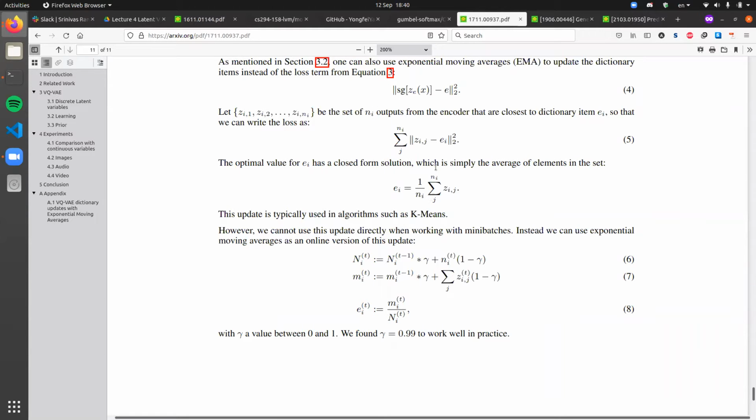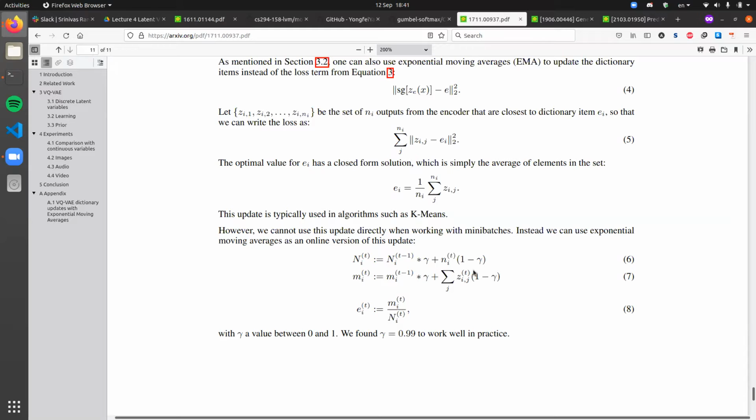This method converges faster compared to gradient descent using this loss component. The benefit of it is that it is independent of the optimizer schedule.